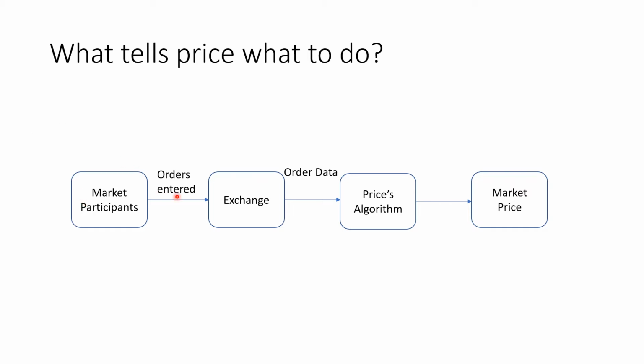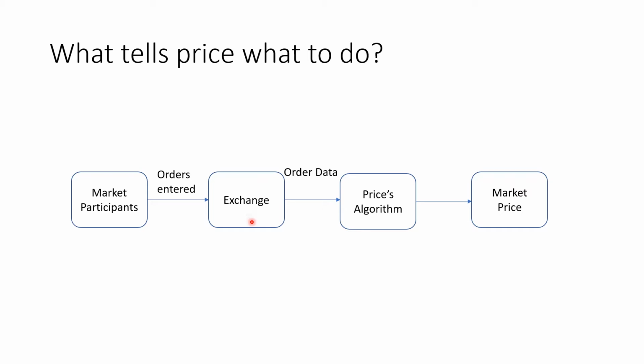This order could be a sell order or a buy order, and there's different types of those orders, but that's not what I want to focus on today. What I want to focus on is that you can either buy or sell in the market, straightforward, simple enough. And when I have an order entered into the market, that order has to go through an exchange in order to be executed and either bought or sold in the marketplace.